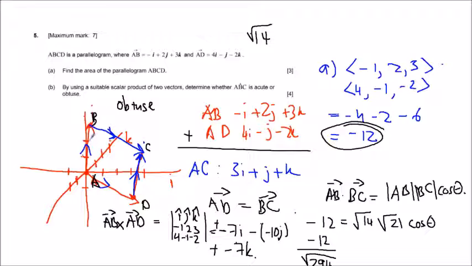whenever I draw this as a plane, it's supposed to be the thing that's perpendicular to that plane. So let me actually draw it. Minus 7i will probably be somewhere there, and minus 10j will probably be somewhere here, and minus 7k would probably be really far, like here.